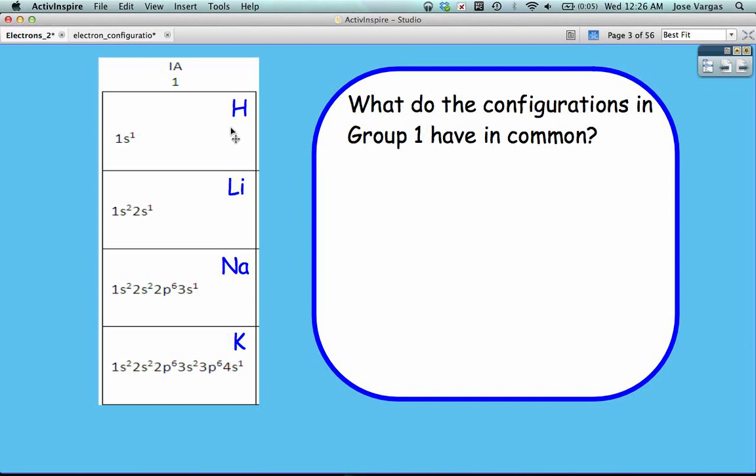So here are our elements, and we can see that all of them end the same way. All of them end in s1, s1, s1, and s1.